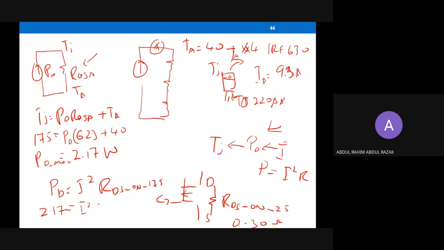How much did we calculate? 0.93. So this is your Imax.